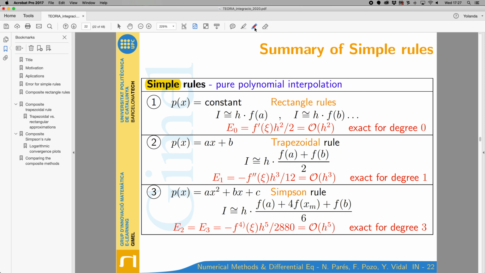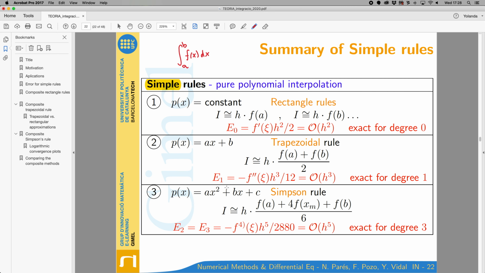So if I want to compute the integral of the function f of x inside the interval AB, the simple rule methods approximate the function in the whole interval using a single polynomial. And that polynomial can be constant with the rectangle rule, a line, degree 1 polynomial with the trapezoidal rule, and a parabola with Simpson's rule.